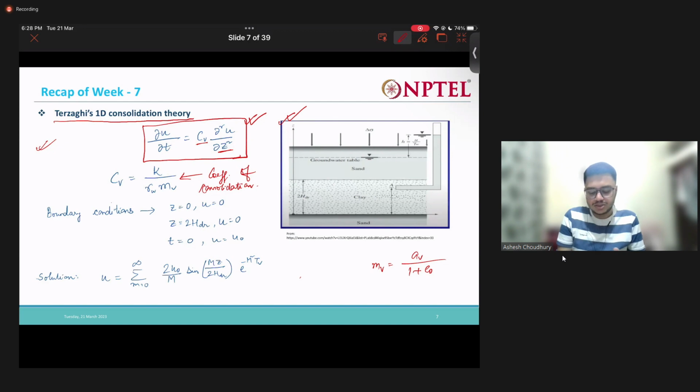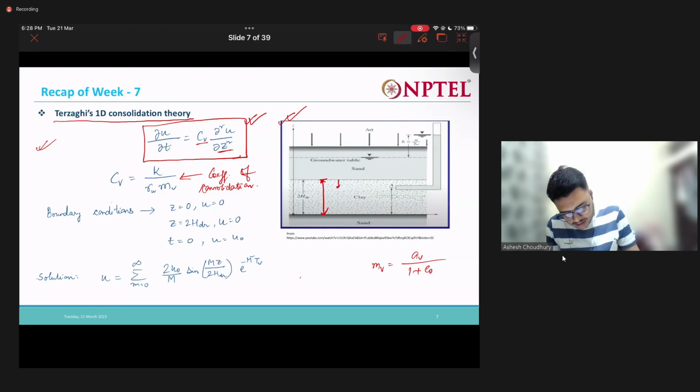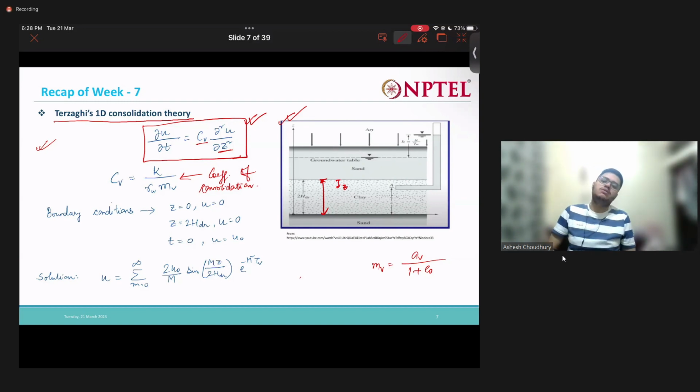At z equal to 0, this is our clay layer and here you are considering the z direction, my u will always be 0, because here we have the drainage layer just above it, so my pore water pressure will always be 0. Second, at z equal to twice Hdr, at this point also my pore water pressure will always be 0, because I have a drainage layer here.